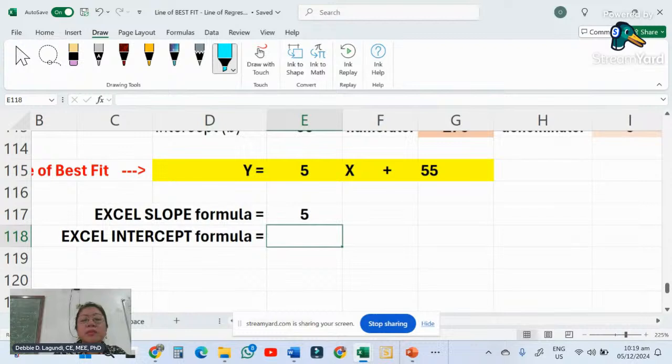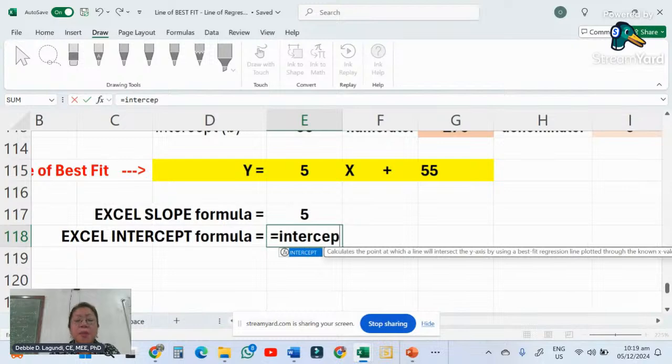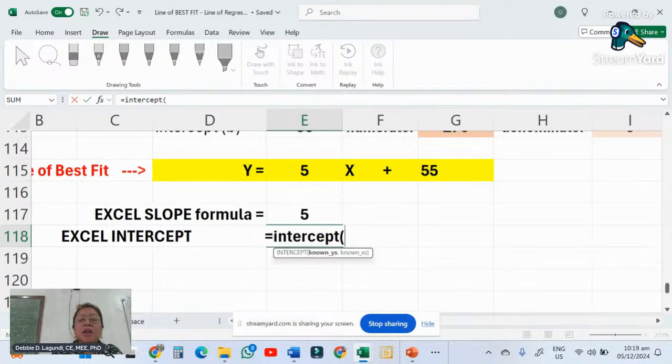Correct? Another is the intercept formula. You type equals, and then you type INTERCEPT. Open bracket. It's the same, it should be the y first. Can you see that formula underneath? It is known y's, comma, known x's. You can see from here what you are supposed to shade.